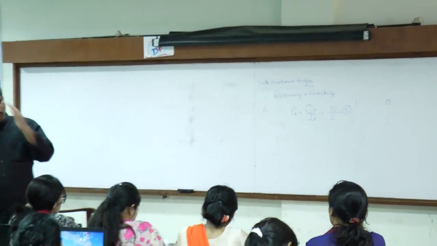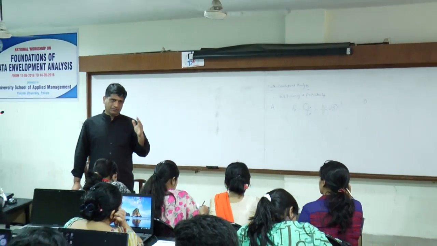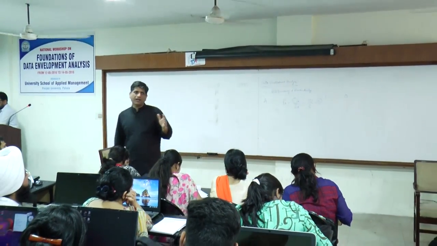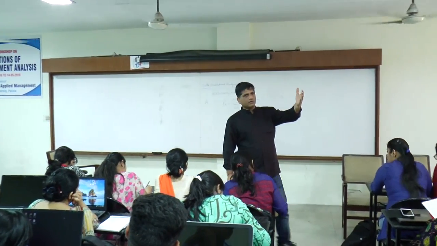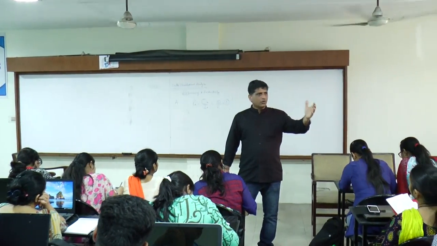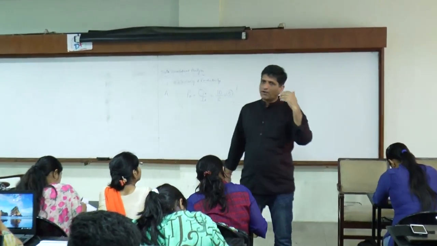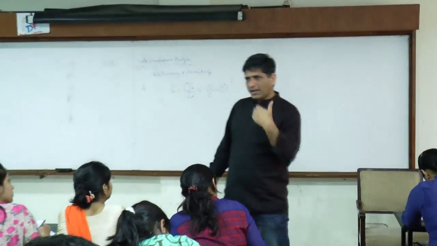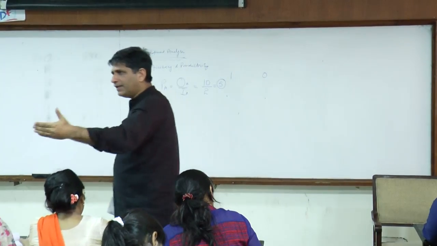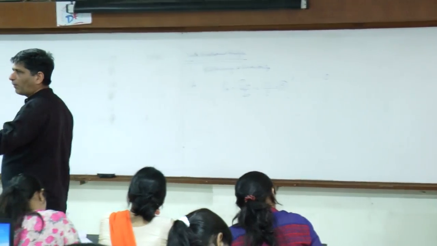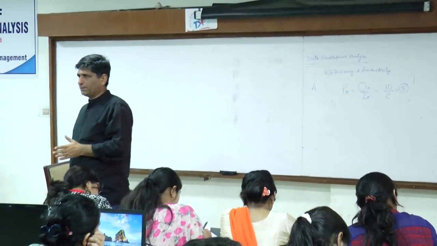But I cannot say that this firm is efficient unless I compare this figure with some other benchmark or some other figure provided by the other firms. If I compare the productivity of A to the productivity of B, then I can comment on whether this firm is efficient or not.